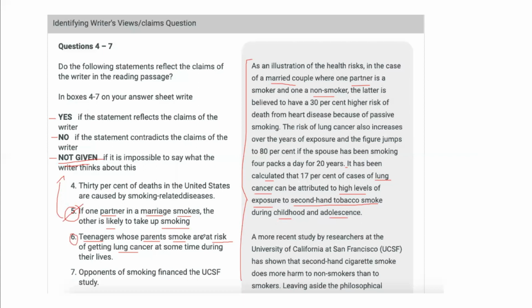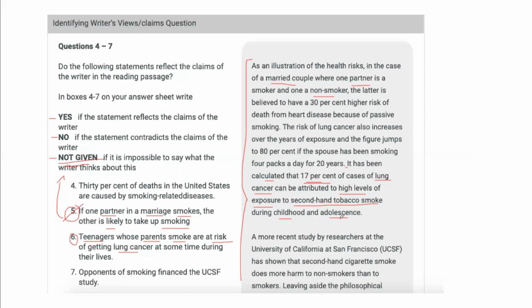So the sentence doesn't explicitly mention teenagers. It can be inferred that teenagers whose parents smoke are at risk of getting lung cancer at some time or at some point during their lives, because the statistic here of 17% mentions exposure to secondhand tobacco smoke during childhood and adolescence.